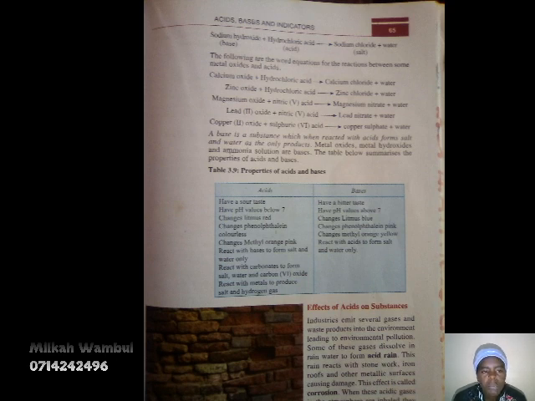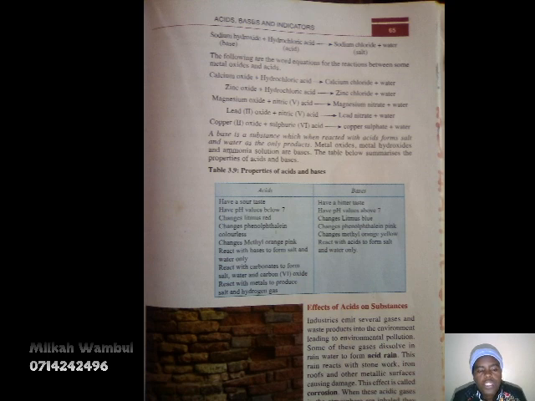Magnesium oxide, which is a base, you react it with an acid like nitric acid, of which I said the salt for nitric acid is a nitrate. It will give you magnesium nitrate plus water. Lead(II) oxide, it's a base. When you react it with nitric acid, you will get lead nitrate plus water as the only neutral product.